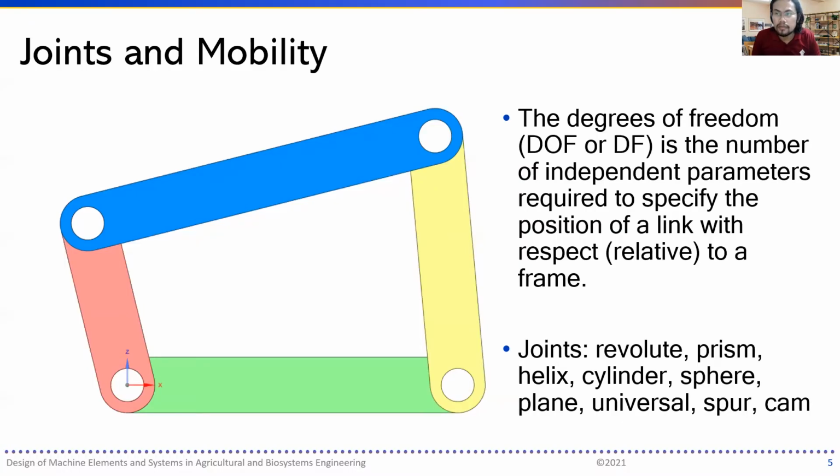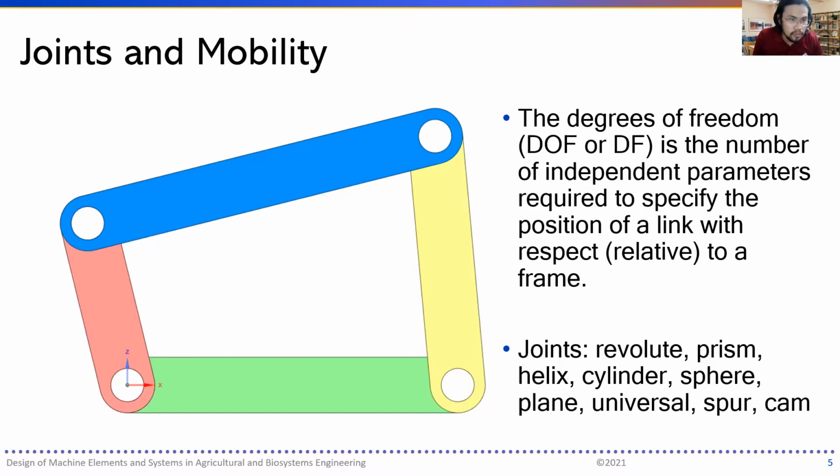We were talking about the movement of the different links, and where I was saying about the constraints of certain linkages, of some links and the linkages.